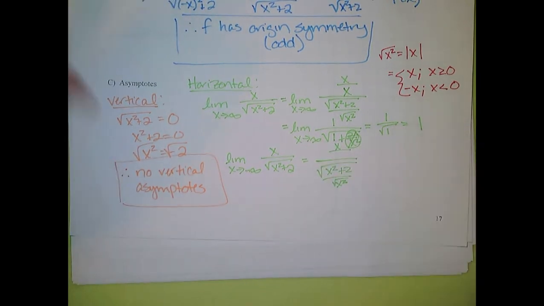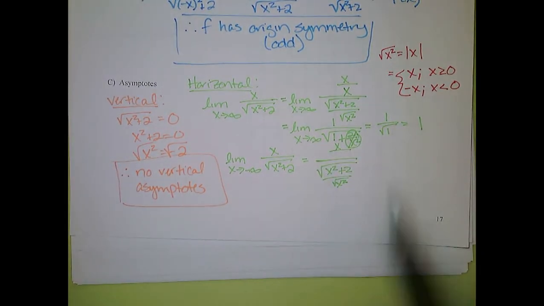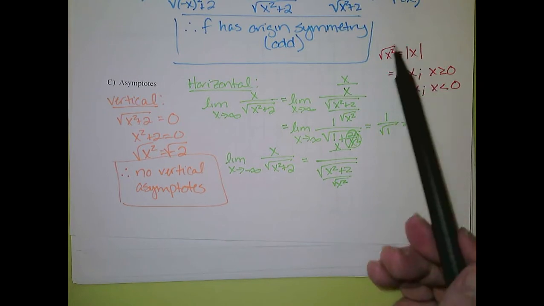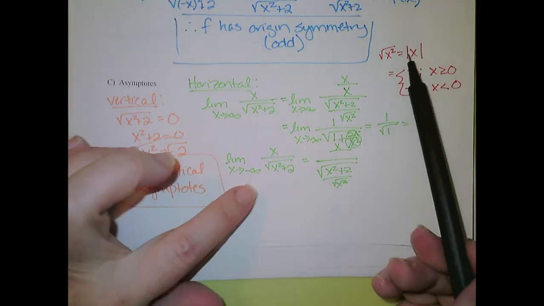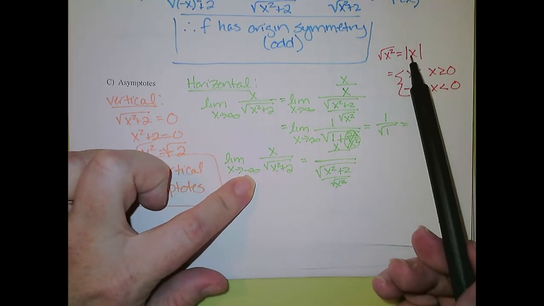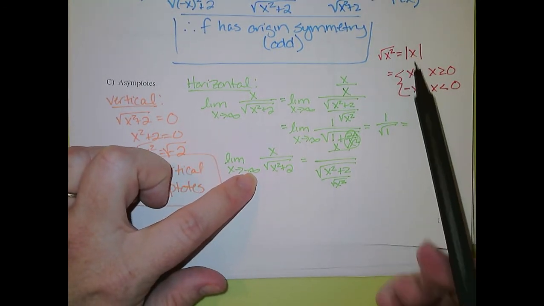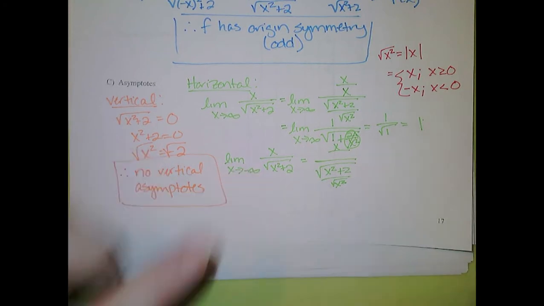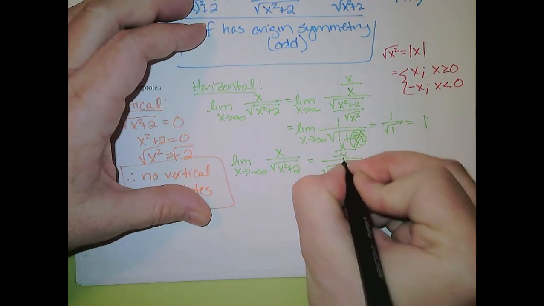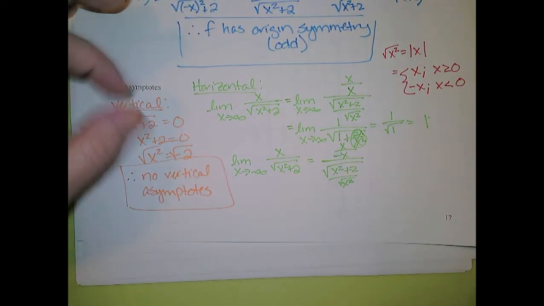But now, again, saying that the square root of x squared is the same thing as the absolute value of x, this time x is approaching negative infinity. So now we're definitely dealing with values that are less than 0. So if we're approaching negative infinity, the square root of x squared would be negative x. Oh, I forgot my limit here.